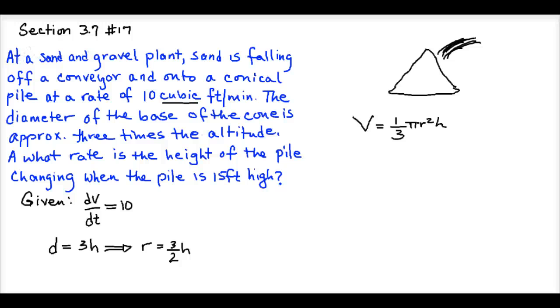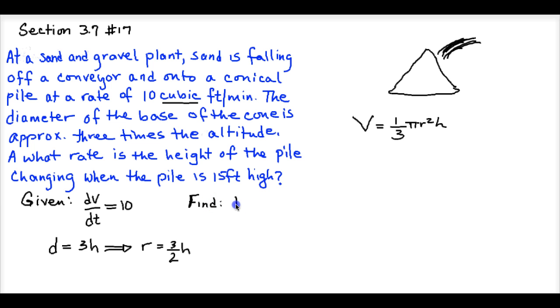So we're given that the rate of change of the volume is equal to 10 cubic feet per minute. So dV over dt is 10. And we now know that the radius is equal to 3/2 the height. Now they want us to find the rate at which the height of the pile is changing.